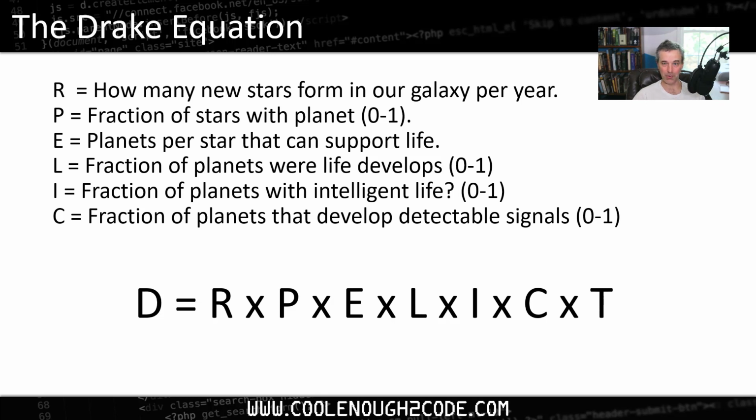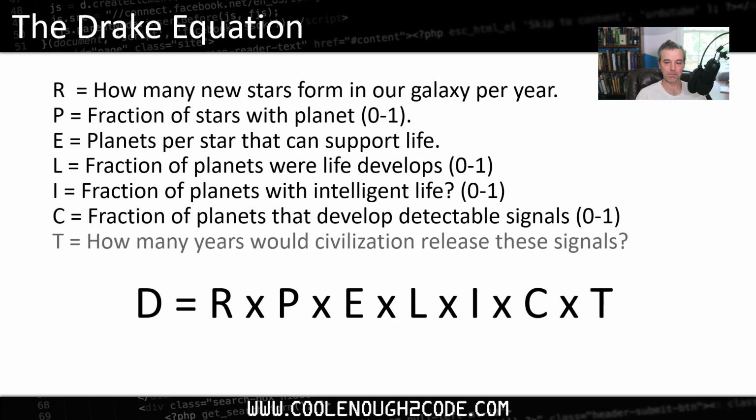So again, this value is open for debate. It can be very high, it can be very low. I don't know. Nobody knows. So just assume something. Most folks do tend to think that if a civilization is an intelligent species, they will eventually get the technology they need to develop broadcasting signals into space. So some people tend to put this one on the high end, but again, it's just pure speculation.